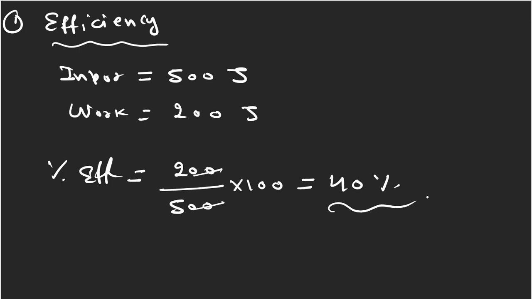What does it mean? It means that of whatever energy you give to the system, 40% will do work and 60% will be lost. Like in our engine, whatever fuel we give to the engine, all fuel is not converted into work done. Some fuel is burned and heat energy is lost.